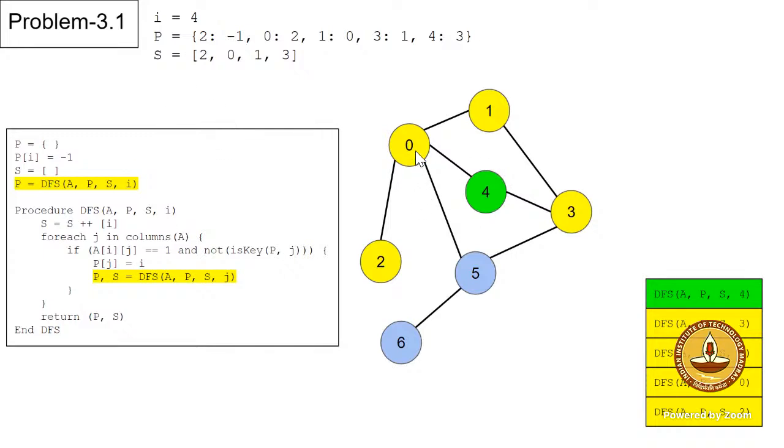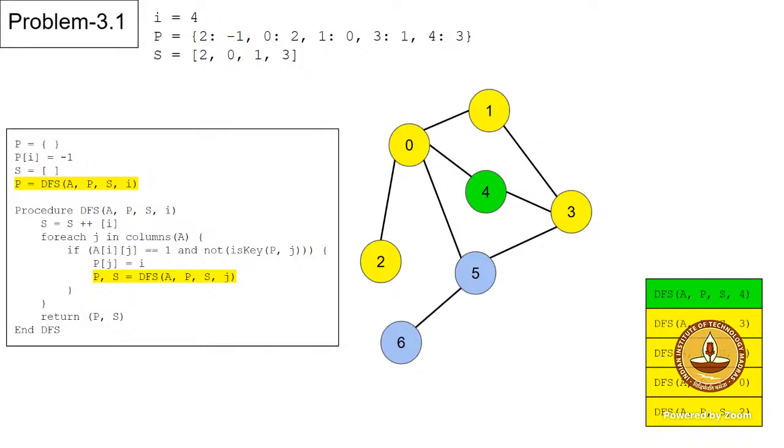If we consider 1, what will be the parent? 0 will be the parent. So 1 will be the key and 0 will be mapped as its value. For 3, 3 will be the key and the value will be 1. So the visited node is the key and its parent is its value.